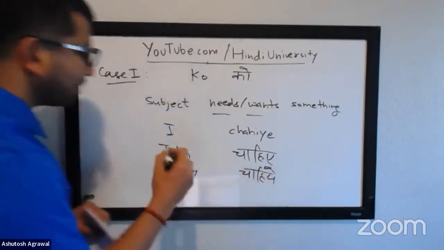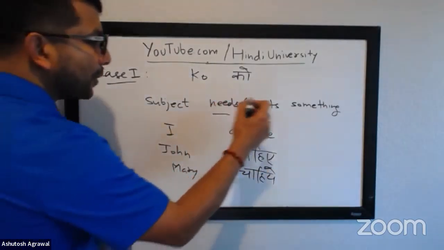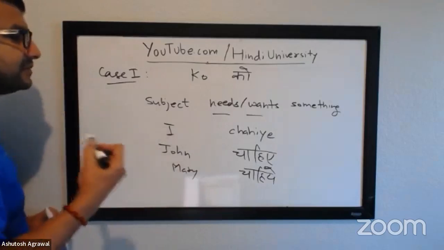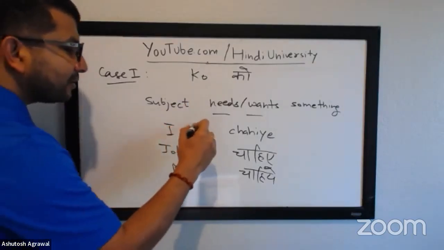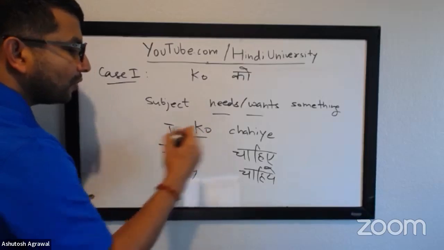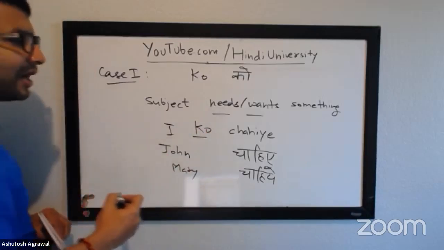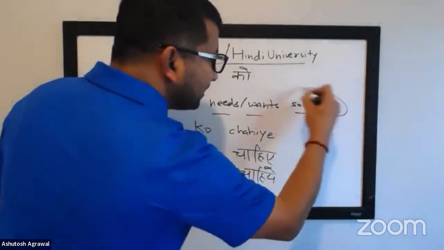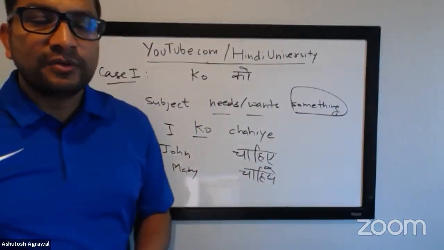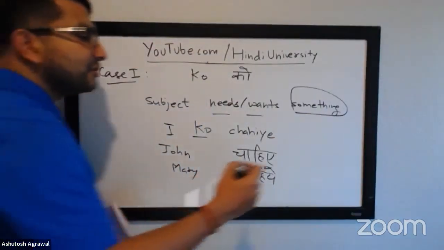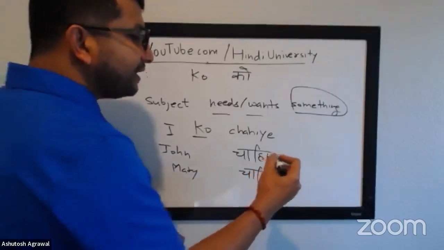Okay, so whenever you have this kind of pattern where the subject needs or wants something, your subject is marked with ko. Then you have to define what it is that the subject wants, whether a smoothie, a coffee, or an ice cream.